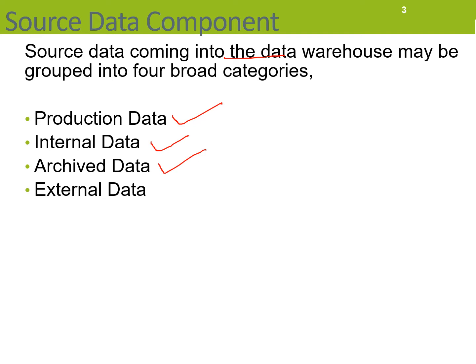Then there is the external data. Most executives depend on data from external sources for a high percentage of the information they use. For example, the data warehouse of a car rental company contains data on the current production schedules of the leading automobile manufacturers.